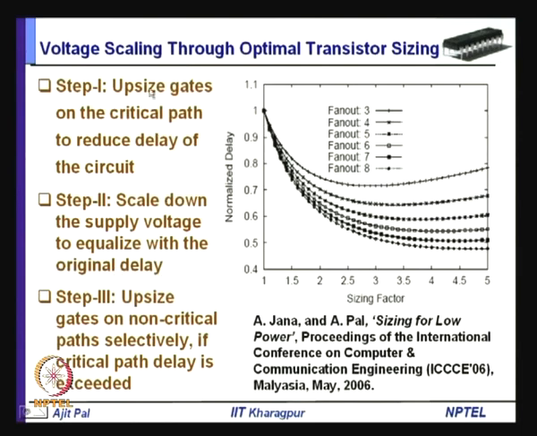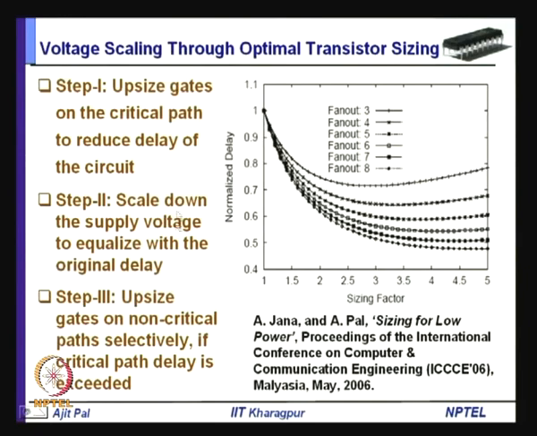That means, whatever the reduction in delay we achieved, we use that slack by scaling down the supply voltage, and as a consequence the delay will be equal to the original circuit. However, the supply voltage will be less, and as a consequence there will be significant reduction in the power dissipation.